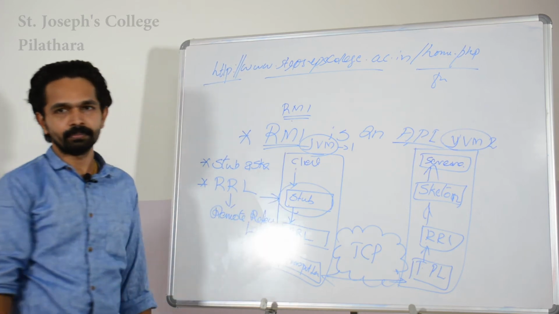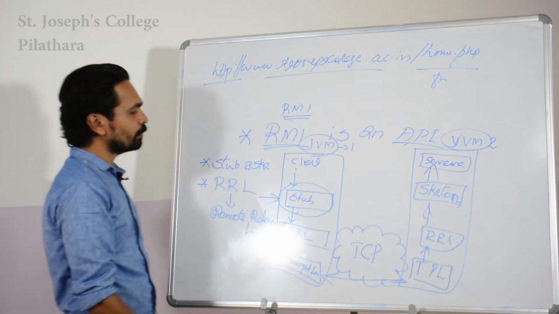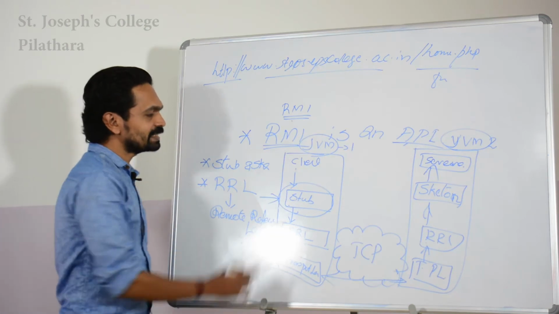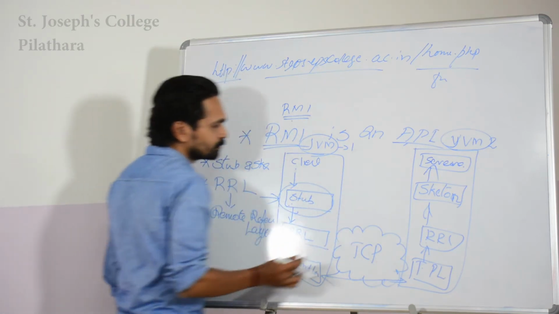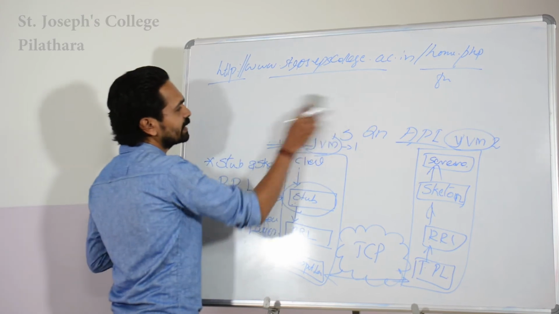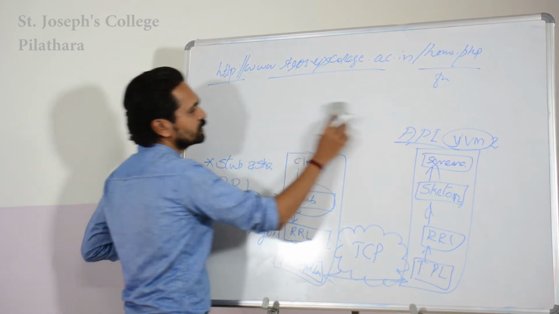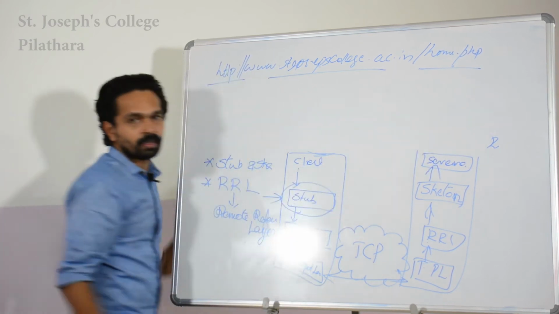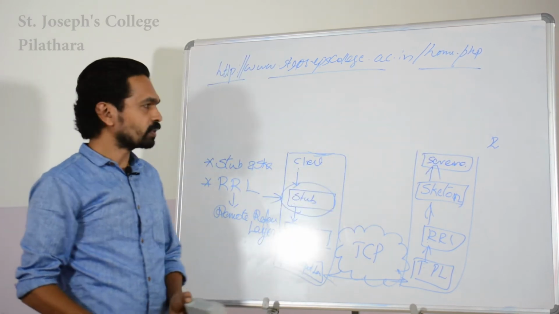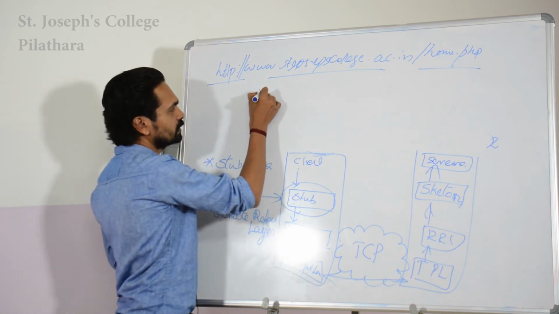The stub is a very important part. What do you mean by stub? The main duty of the stub is to act as a proxy. What do you mean by proxy? Stub is a proxy.